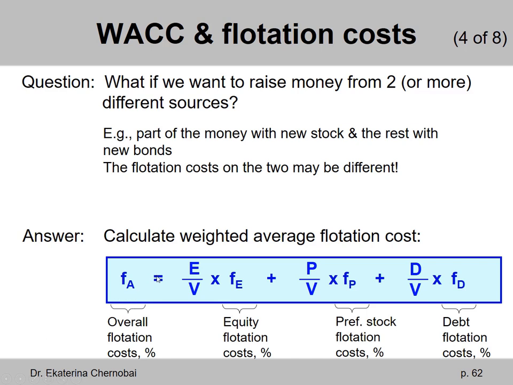So F_A equals the weight of equity, just like before, where we take the market value of equity and divide by the market value of the firm overall, multiplied by equity's flotation cost, F subscript capital E. Then we add the same thing for preferred stock, weight of preferred stock times flotation cost for preferred stock. And then we add the last term for debt, the weight of debt multiplied by debt's flotation cost, F subscript D.